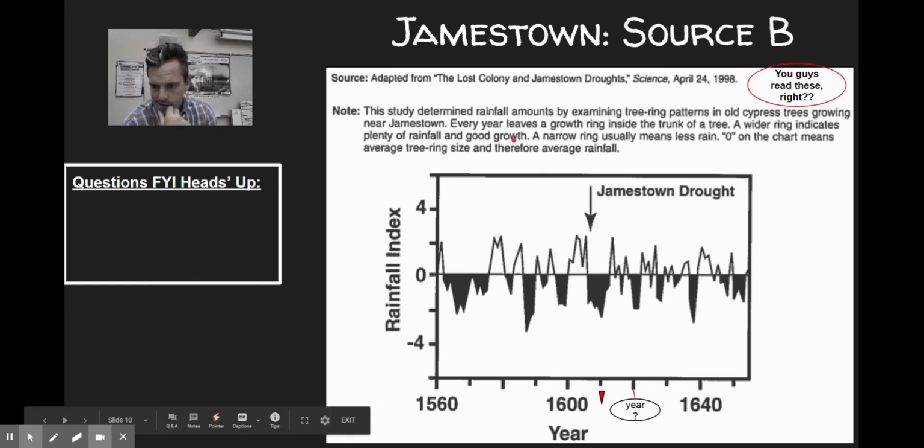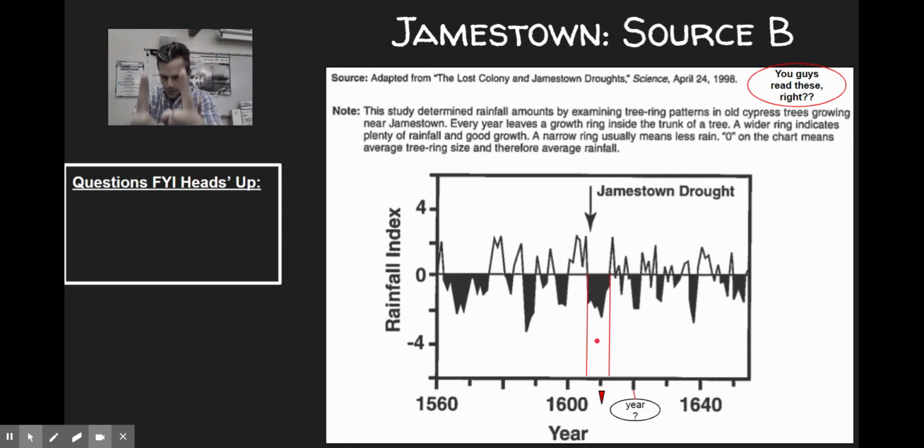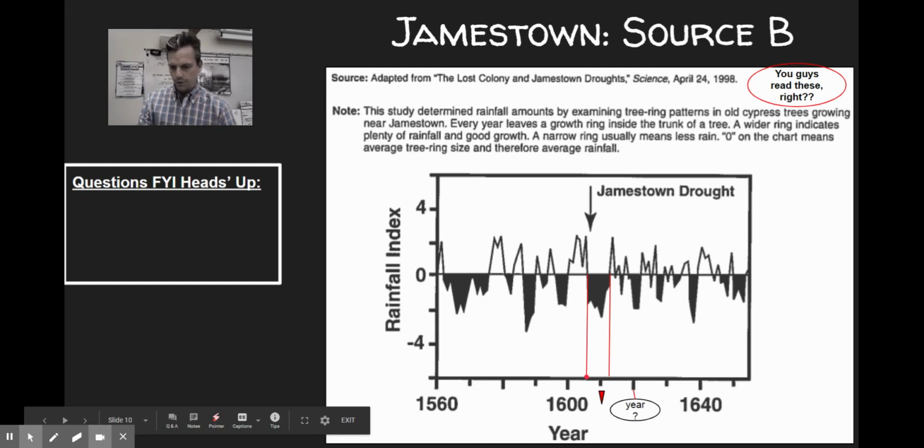All right. So let's see. If I click on this, there we got straight lines coming down. If we were in class, I'd expect you to use your fingers, a pencil, a ruler, something like that, and line that up. If this is 1610, then halfway would be 1605, right? Halfway would be about right here. So it seems like they're going to show up when a drought has already been going on for a year or two.